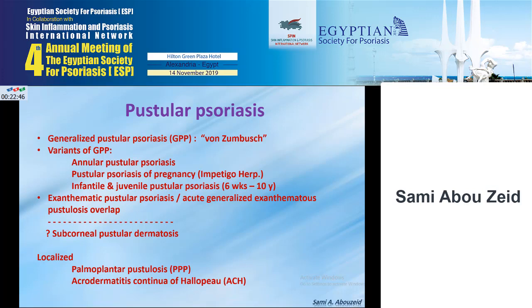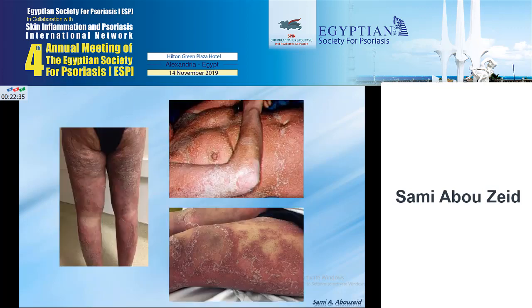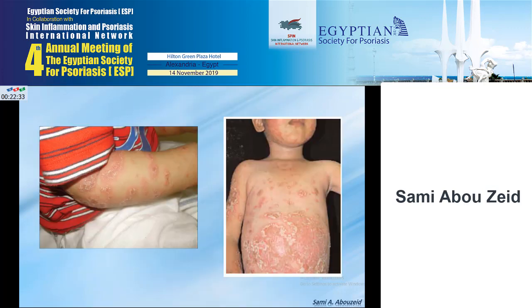It's very similar to pustular psoriasis, and sometimes we have difficulty differentiating between them. We have overlap pictures. We have sometimes cases which we can't diagnose as exanthematic pustulosis, and we may mix them with pustular psoriasis.